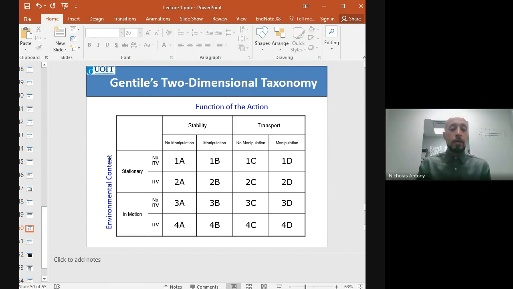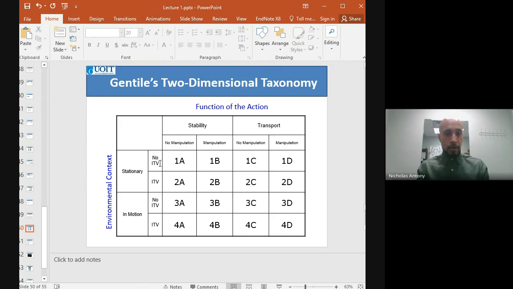So Jacob, in the environmental context, are things when shooting a free throw stationary? So the regulatory conditions, are they stationary or are they in motion? Yep, so stationary. Every time you do a free throw, is it the same, or is the environment changing? Yep, so the same. Because the hoop's the same, the ball's the same, the distance is the same, right?